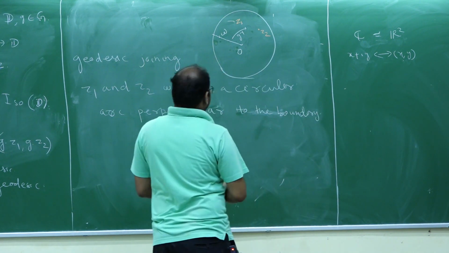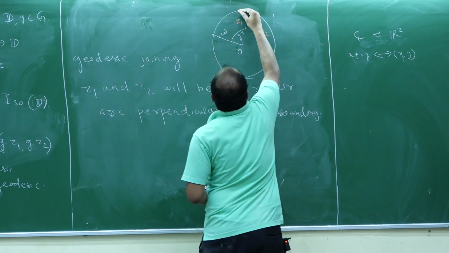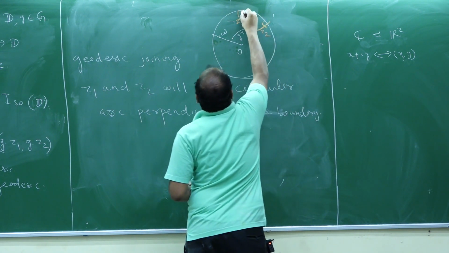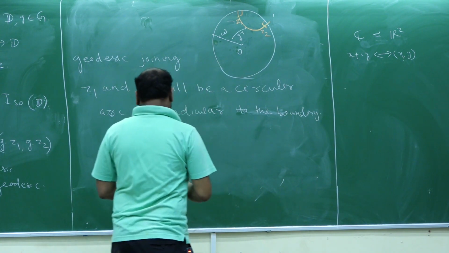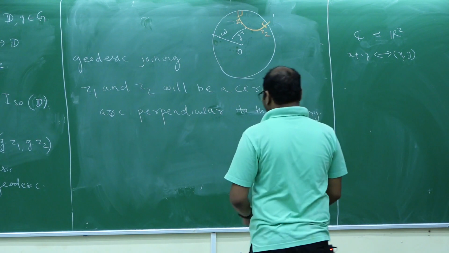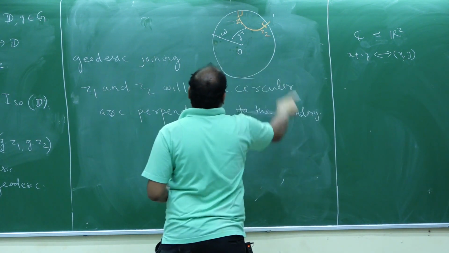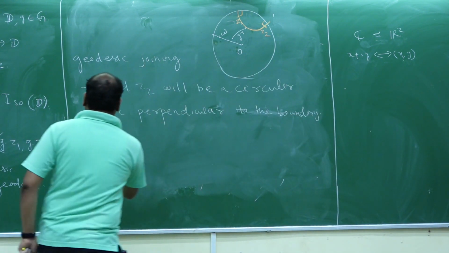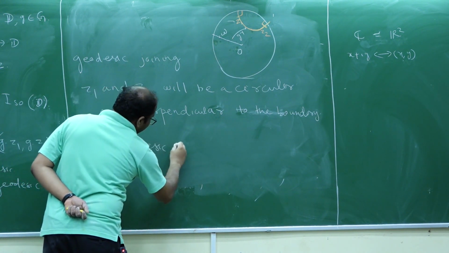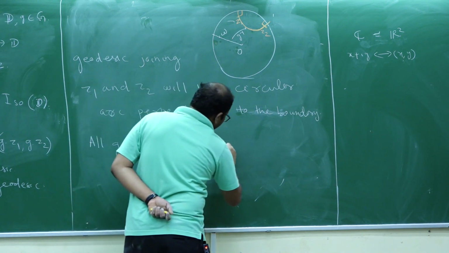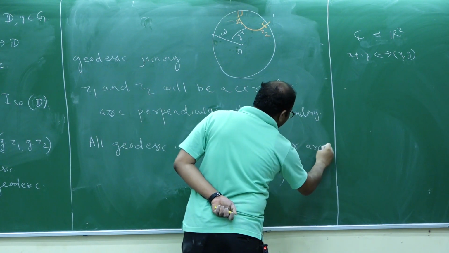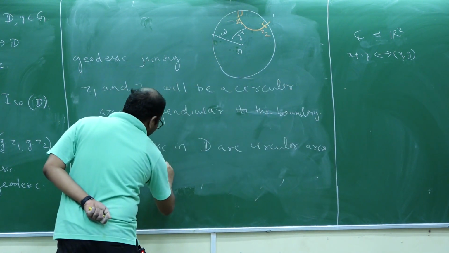So the picture will look like this. If you consider the diameter, this straight line, as a circle, then all geodesics in D are really circular arcs perpendicular to the boundary.